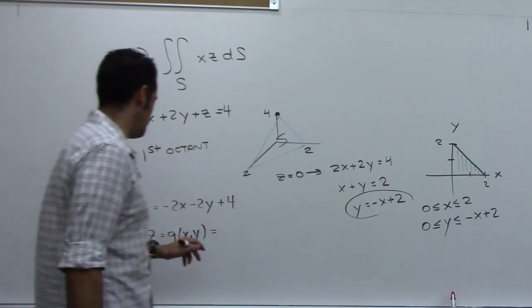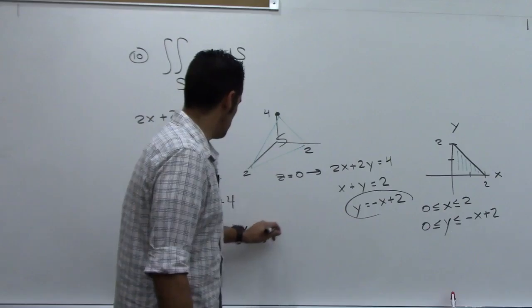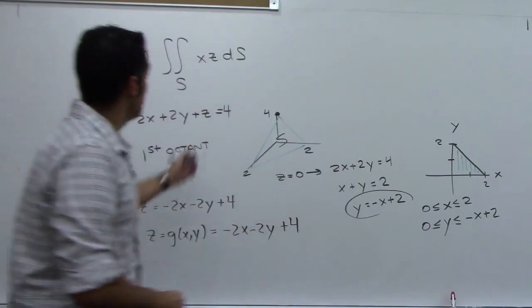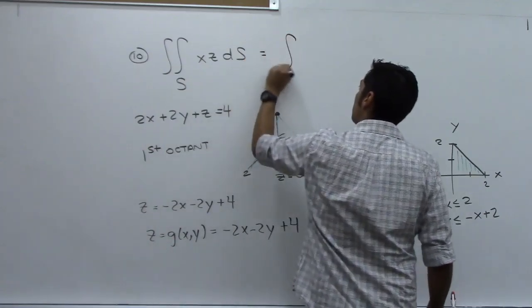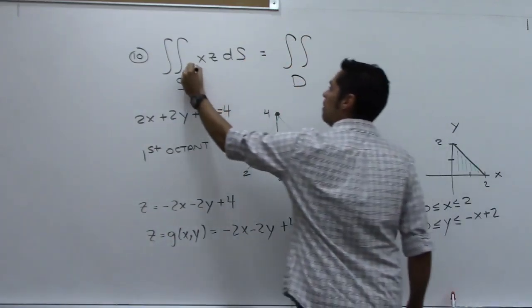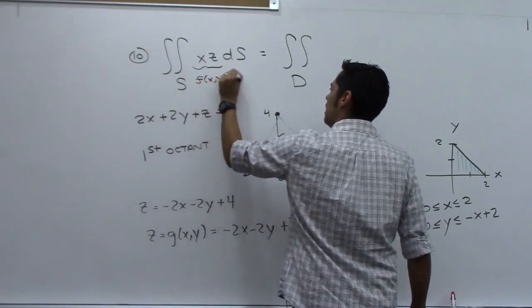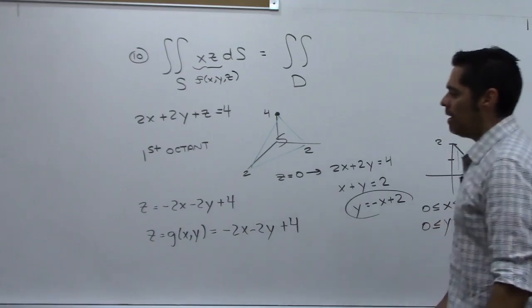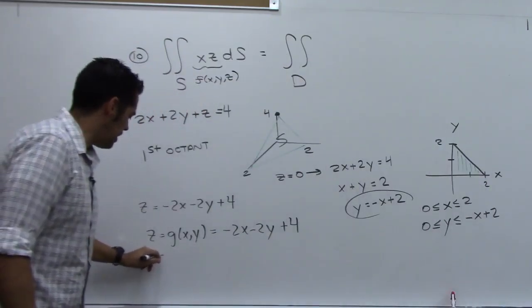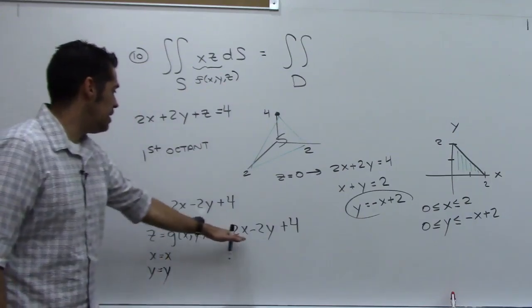So I can use that shortcut. When I convert this into the double integral over D of F of x, y, z, because this is a special case, x is just x, y is just y, and of course z is this.